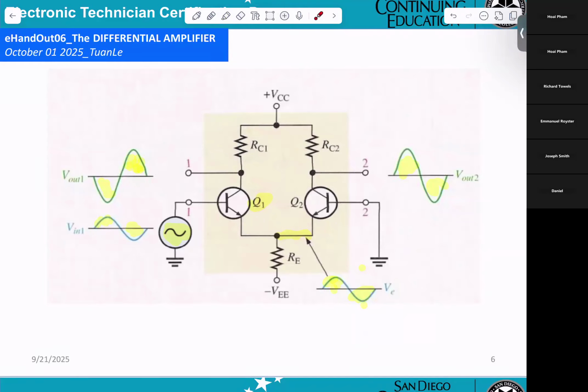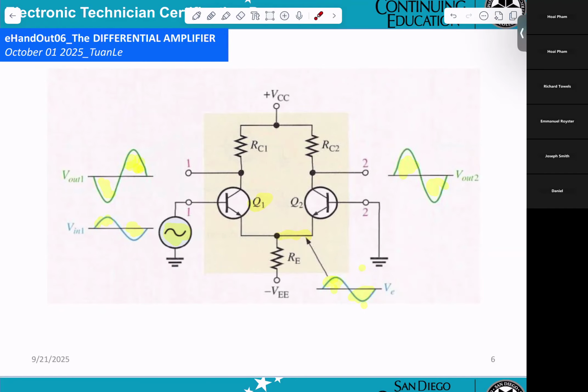This one they draw a real signal, for you to look into. Okay? In this case, again, Q1 will be CE, and the input and output are opposite. Q2 will be CB, so the input and output will be in phase.